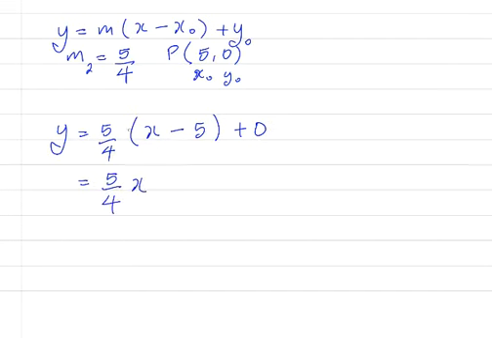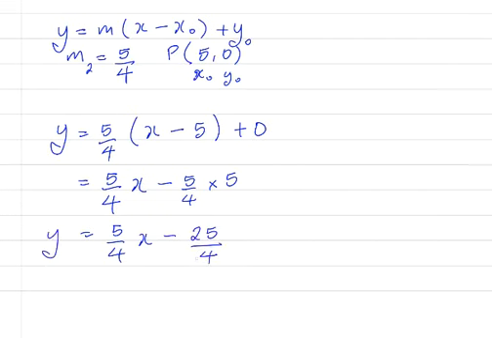A positive times a negative is a negative. 5 over 4 times 5 plus 0. So this is 5 over 4 x minus 25 over 4.